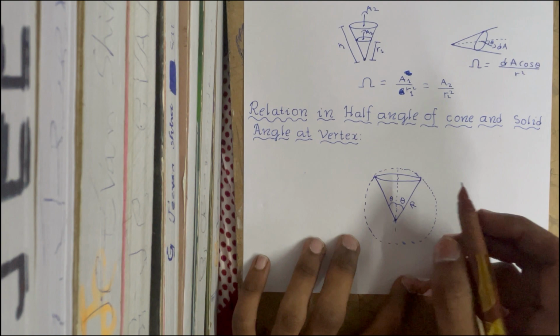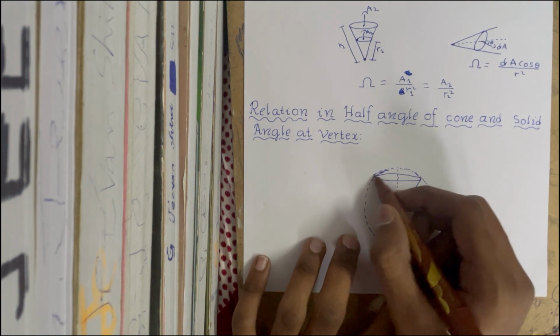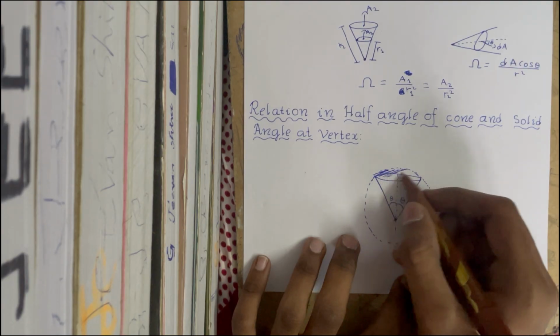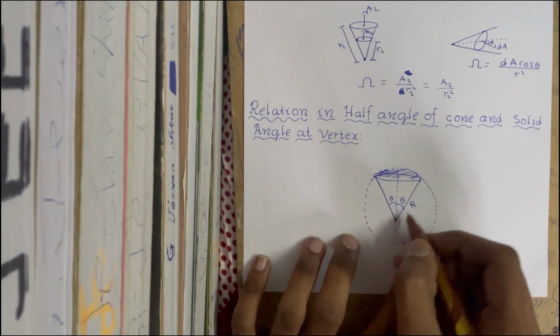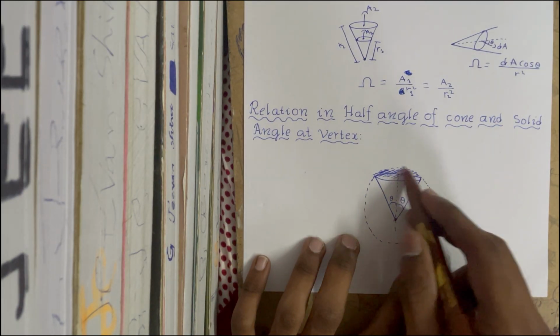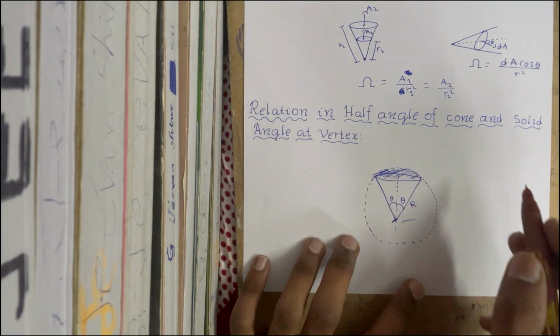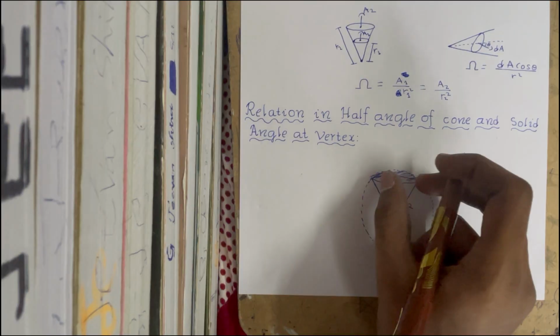And we know that the solid angle this surface makes is exactly the same as the one the cone makes, right? So we want to find the solid angle by this surface.